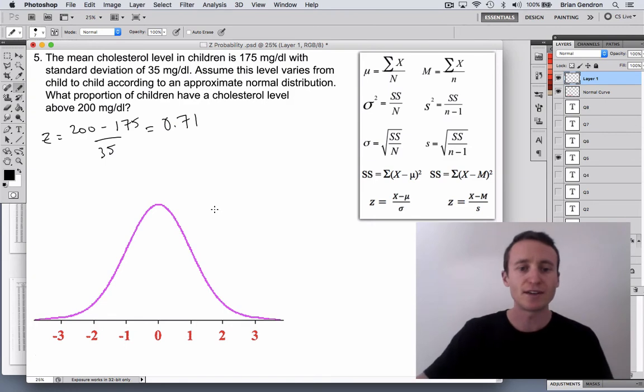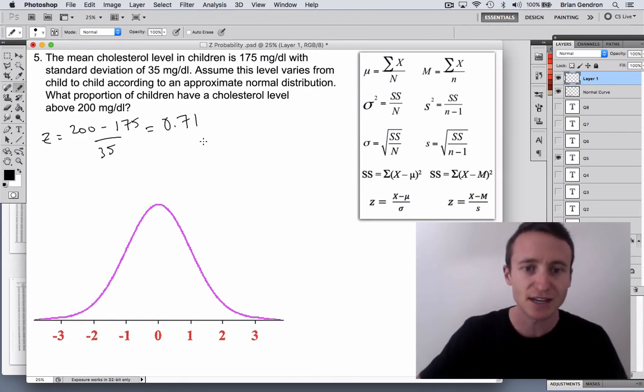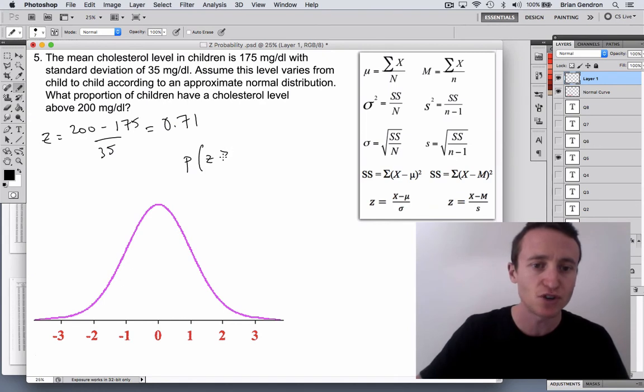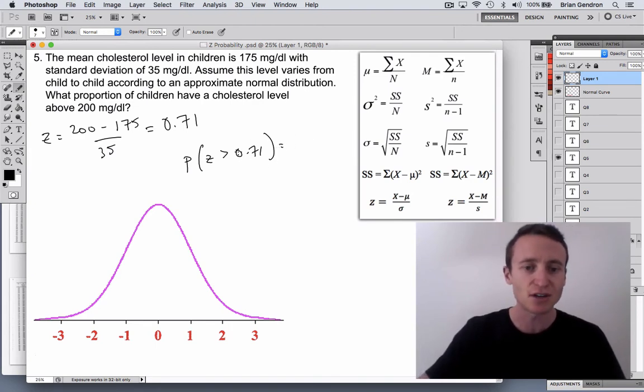All right, so essentially what this question is now asking, originally, what proportion of children have a cholesterol level above 200? Well, now it's saying, what proportion of scores in a normal distribution is larger than 0.71 standard deviations above the mean? Because now we're talking about standardization, and that means we can use our table.